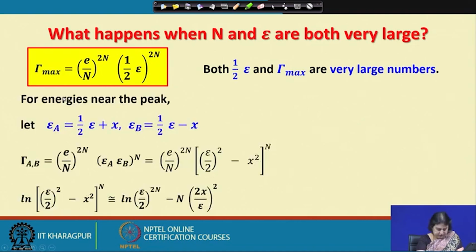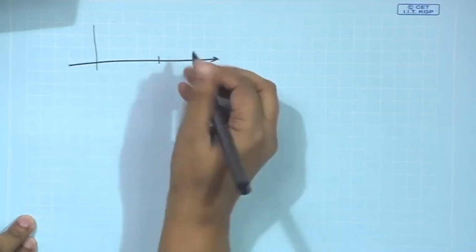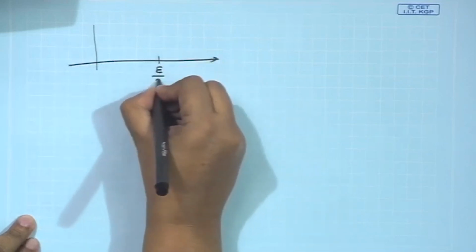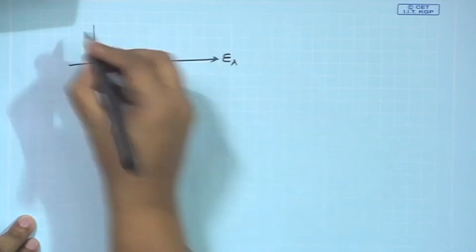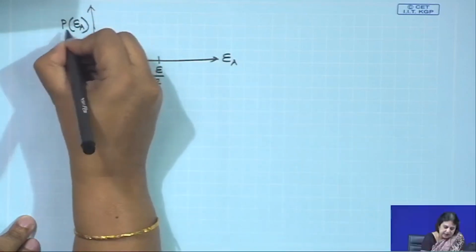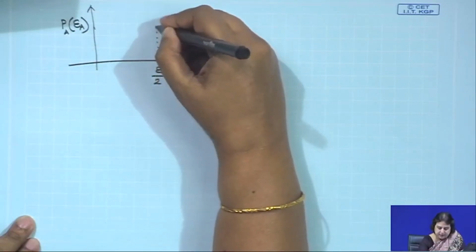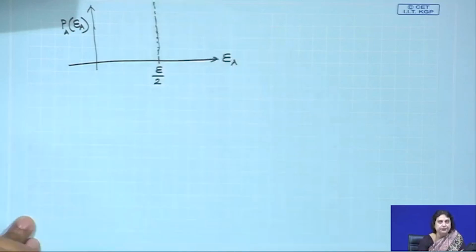Now, the next question that we ask is, what happens to the energy values near the peak? So, we are going to work this out very simply. Let us assume that I am looking for the position of the maximum, which is epsilon by 2, and I am plotting epsilon A against the probability of subsystem A having this energy of epsilon A. I know that there is a maximum located over here.